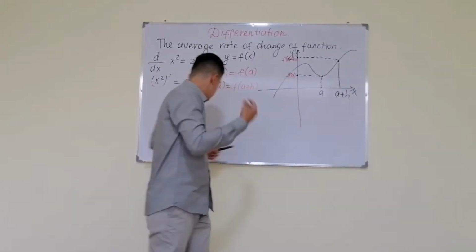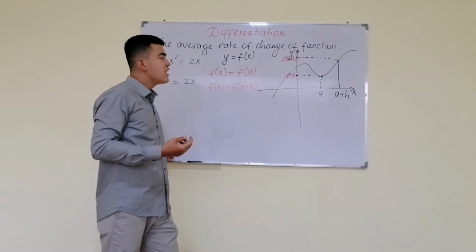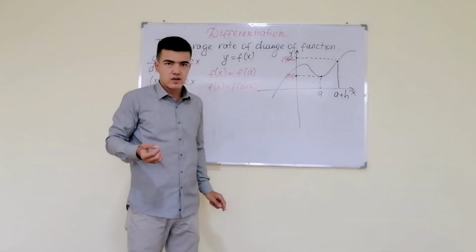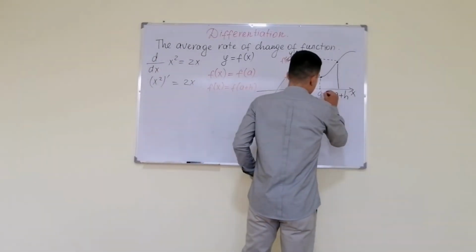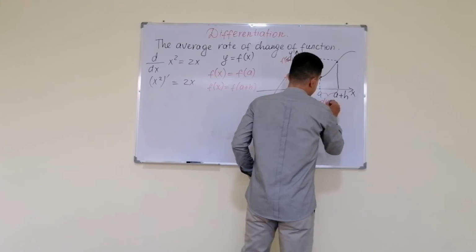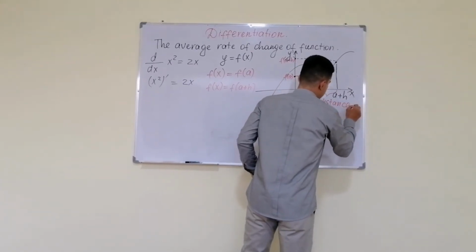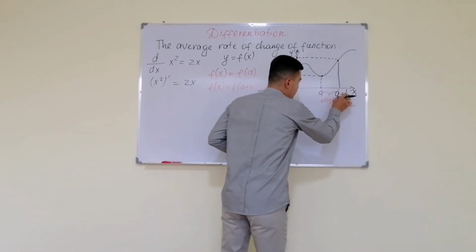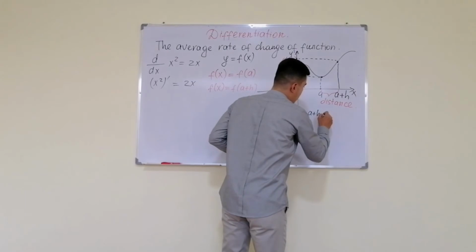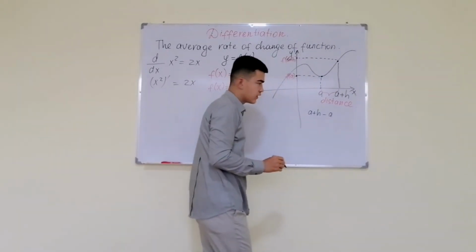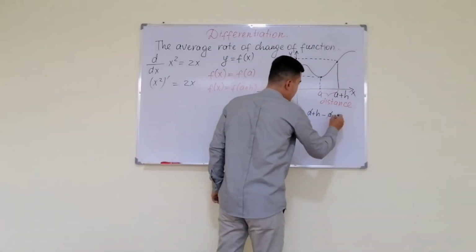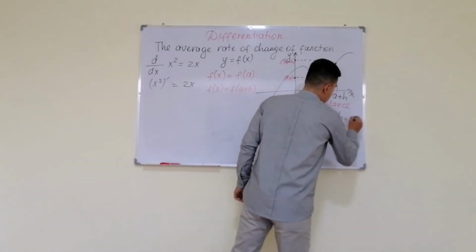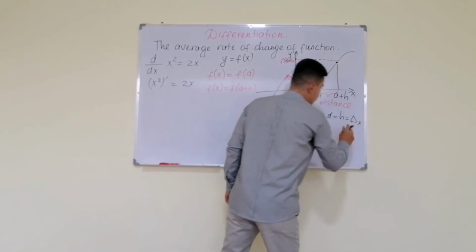In order to find the distance between 2 points, we have to subtract the smaller one from the bigger one. So we cross out 2 letters, a, and there remains h. Let's sign this with delta x, like this.